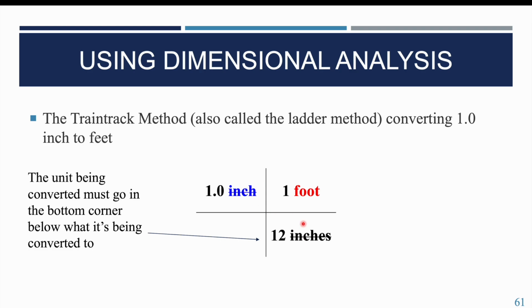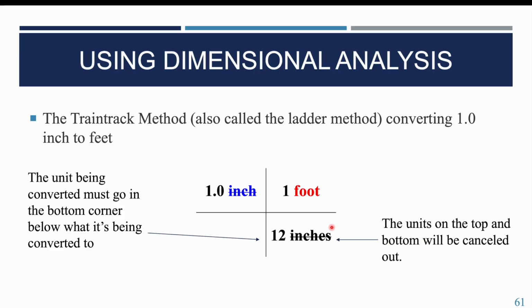So inches is going to be canceled out by inches. You can consider it to be like you have whatever the number is multiplied by 1 of whatever the unit is. So 1 inch is going to cancel out with 1 inch. 1.0 times 1 inch, the 1 inch is going to cancel out. This would be 12 times 1 inch, so those would cancel out.